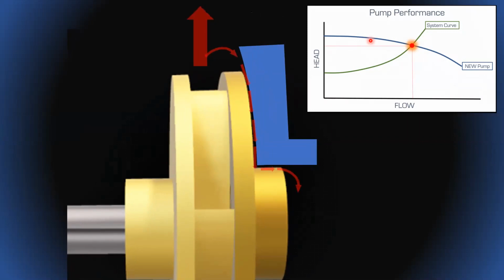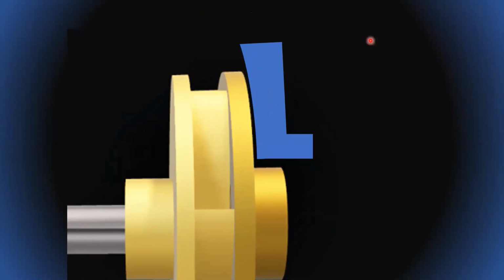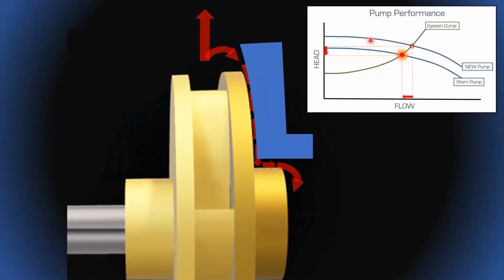And as the pump pumps, how much pressure is being developed at the outer vanes will depend on how much recirculation we would get through the front side of this impeller and volute. Now, obviously, when this pump is new, we're not going to get a whole lot of recirculation. But as this wears, we're going to open up the tolerances and we're going to get more and more wear.